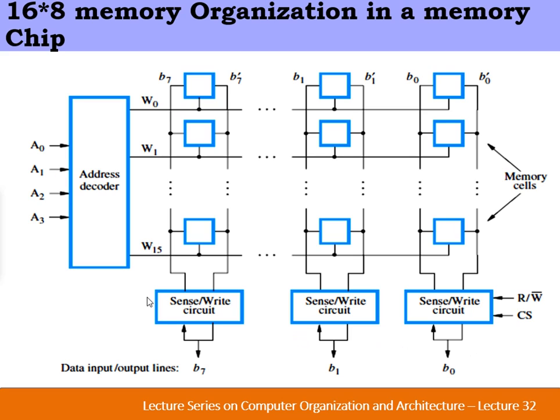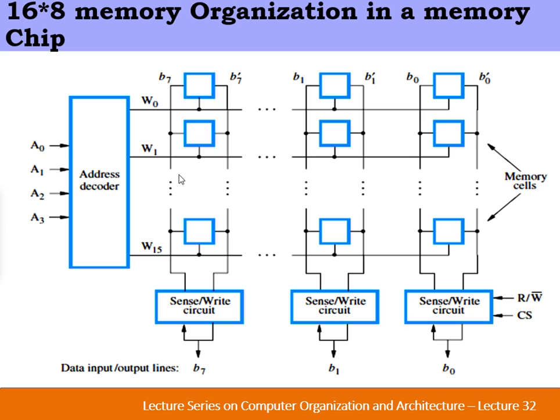This indicates the direction used when we store the information into the cell. And we can also read, that is, extract the information from the cell. That is an outward direction. So we have a bidirectional connection to this sense/write circuit, which is used to store the information as well as to retrieve the information.